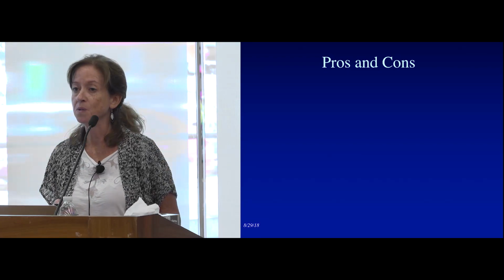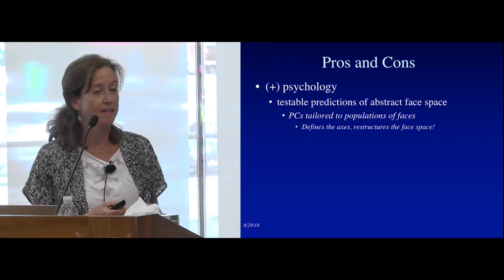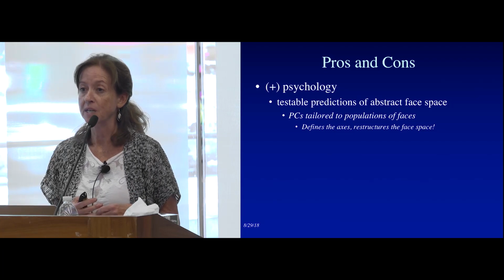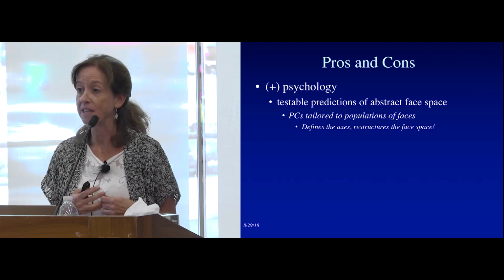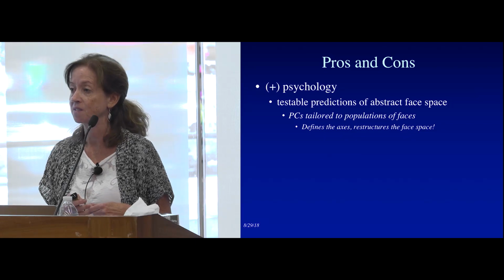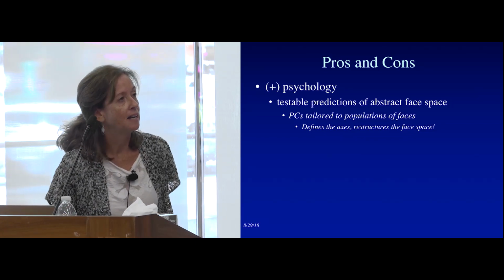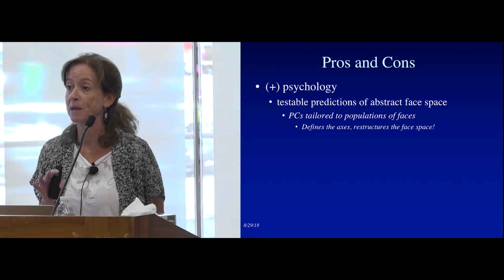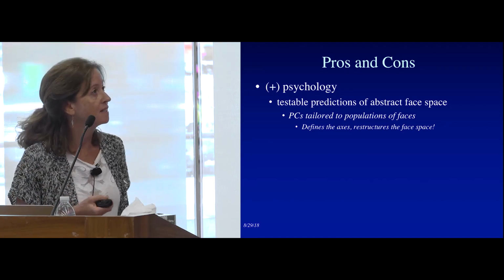And this had some pros and cons. As a psych theory, it gave us a way of generating some testable predictions about various things, including typicality, other-race effects, and so on. It allowed us to tailor a particular face space to certain sets of faces.